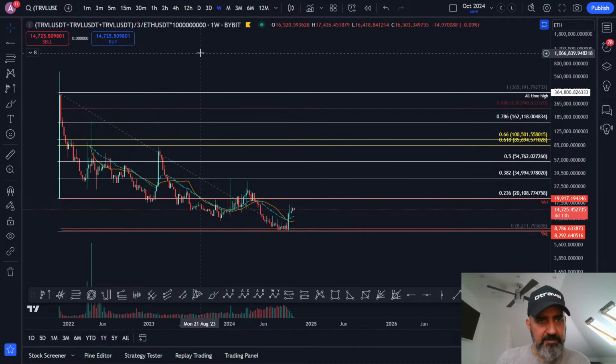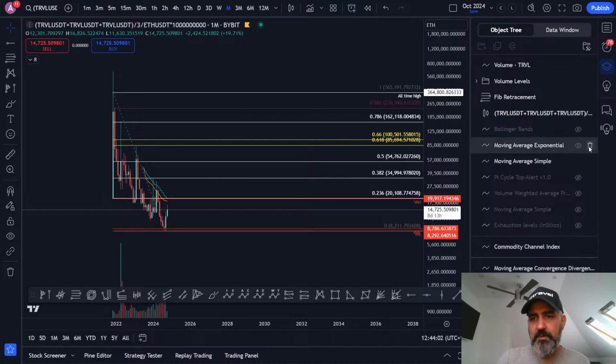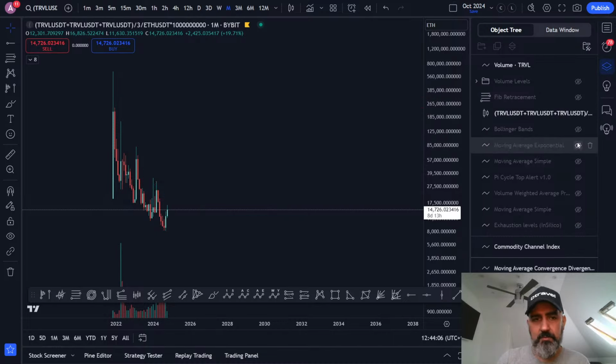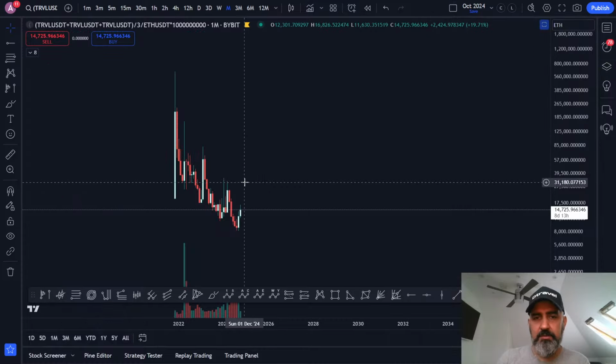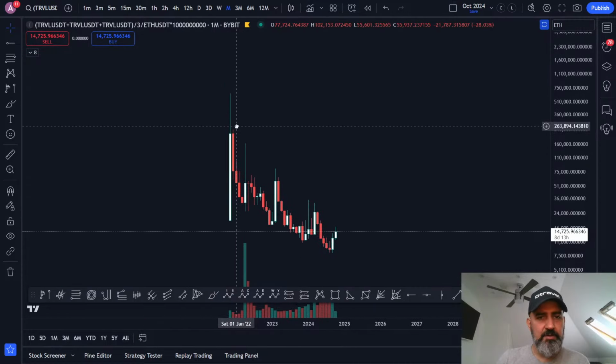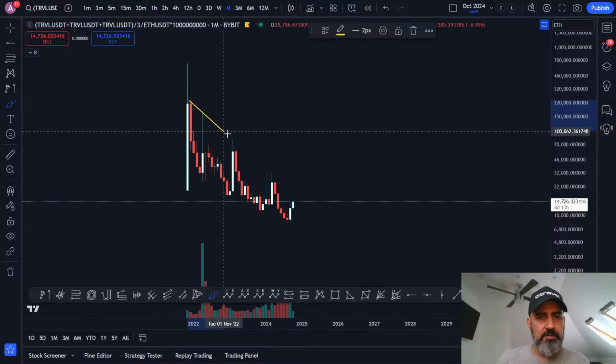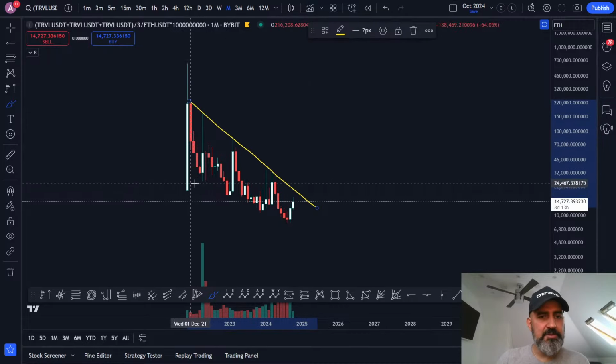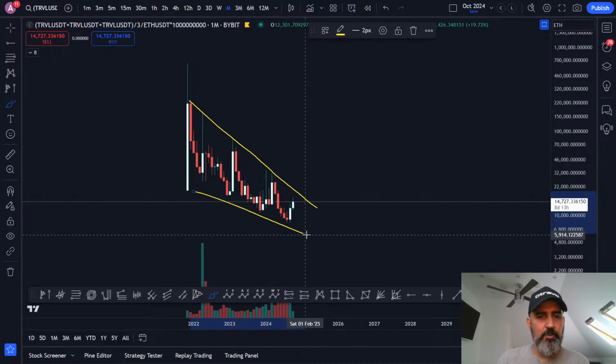But again, if you look at the higher time frame, what does it look like? It looks like a falling wedge, some kind of falling wedge.